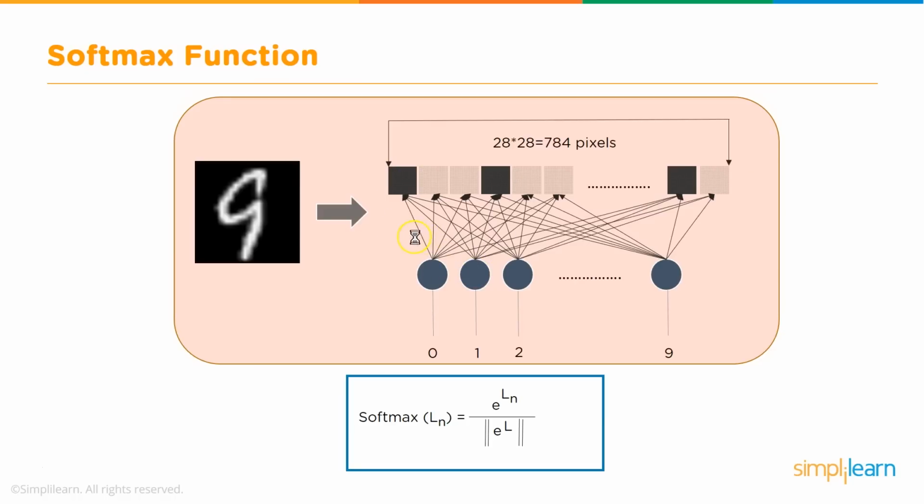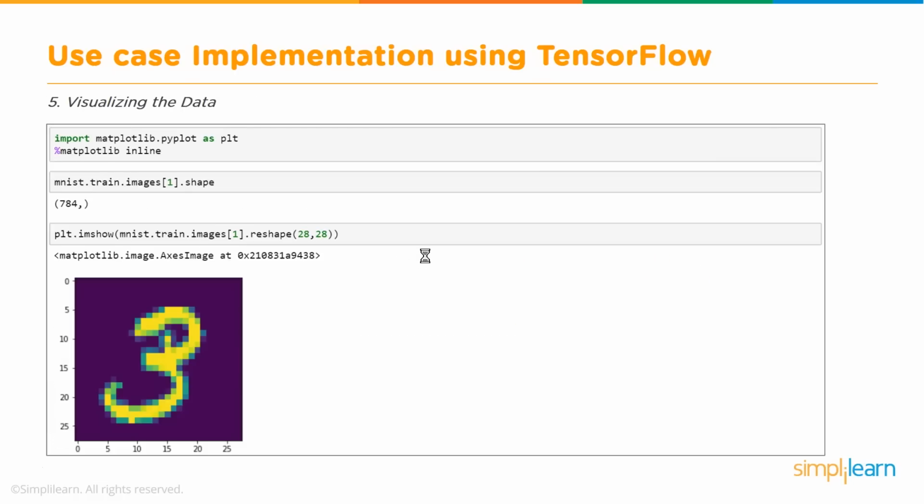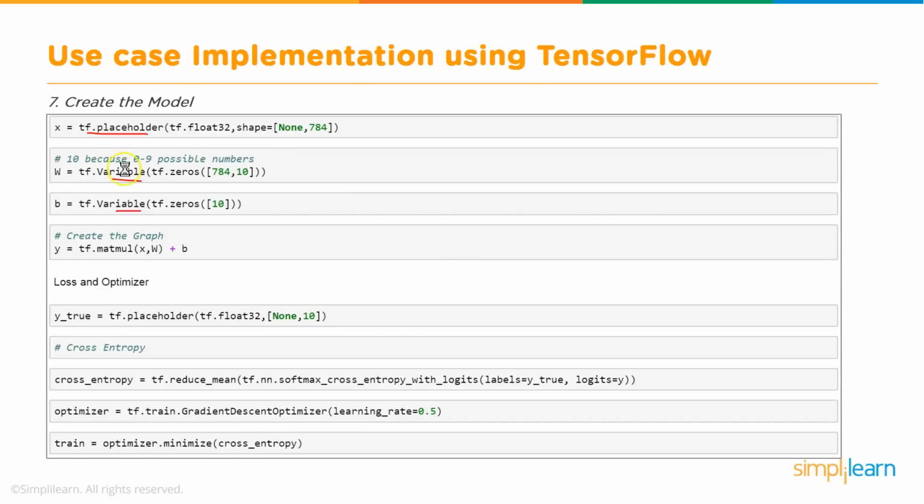Each of these inputs needs to be multiplied with a weight, and that's what we are talking about here. So this is a matrix of 784 values for each of the neurons, so it is like a 10 by 784 matrix because there are 10 neurons.